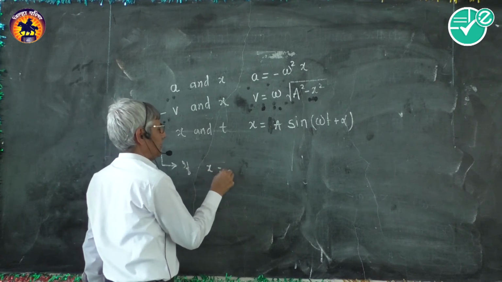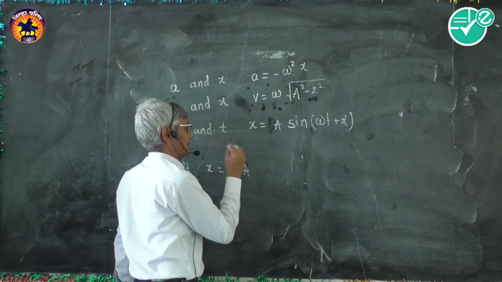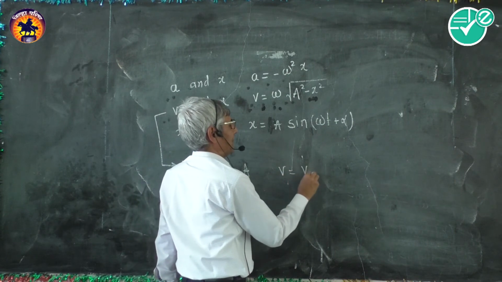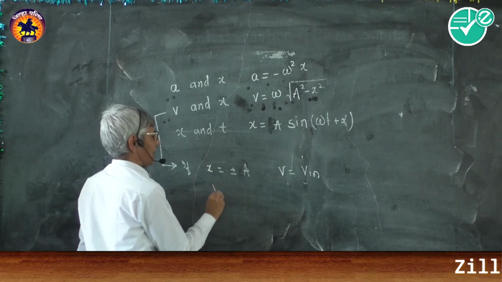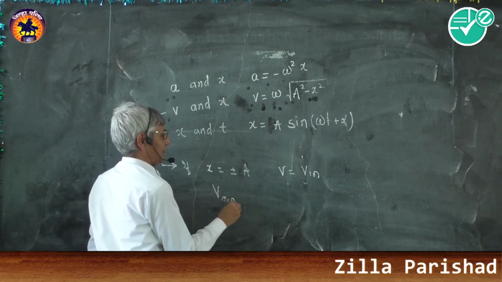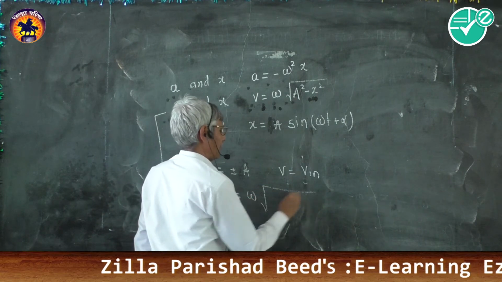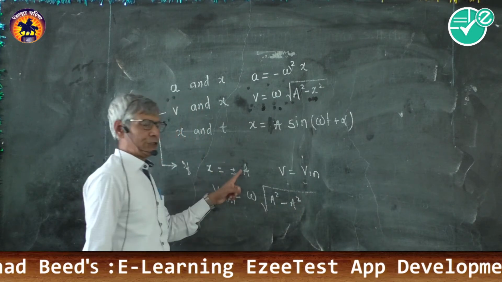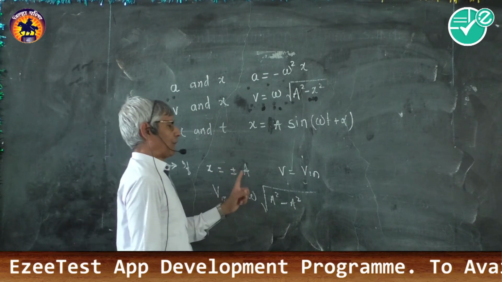x is equal to plus or minus A. Then v will be equal to v minimum, and its value is given by v minimum is equal to omega times the square root of A square minus A square. Whether x is positive extreme, that is plus A, or minus A, the square will always be positive.